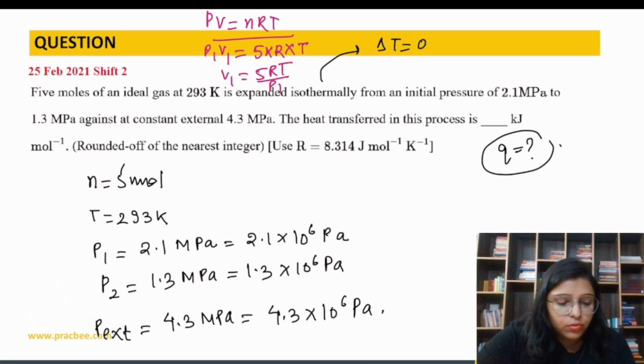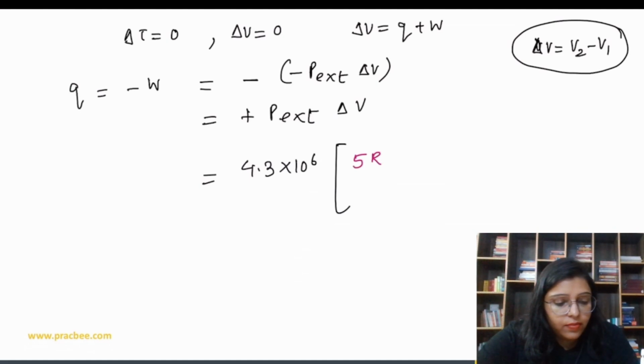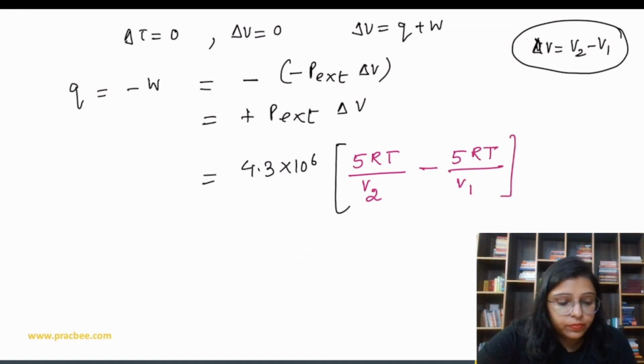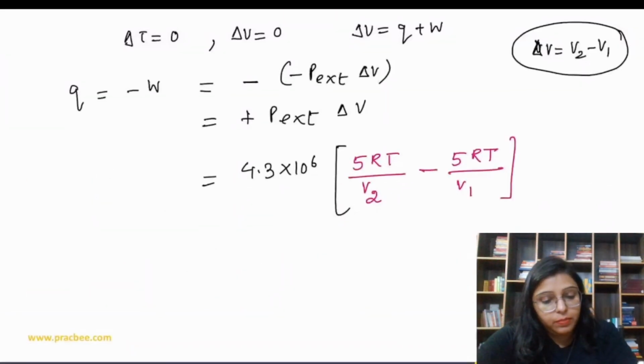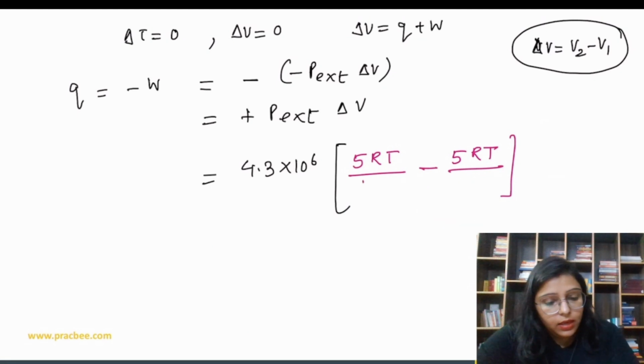So you have to use this. So this is 5RT upon P2 minus 5RT upon P1, so we can say P2 minus P1.